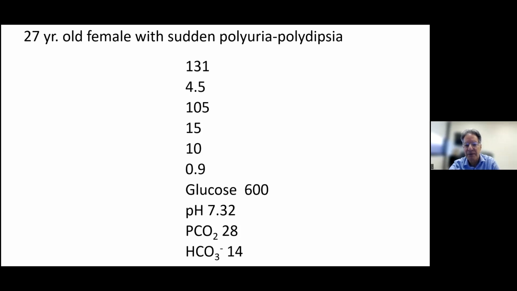So the anion gap is not just due to the production of the ketones, which are organic acids, so they come in with a proton. The proton is what causes the metabolic acidosis, because it combines with bicarbonate and lowers it. But the proton has nothing to do with the anion gap creation. That has to do with what came in with the proton.